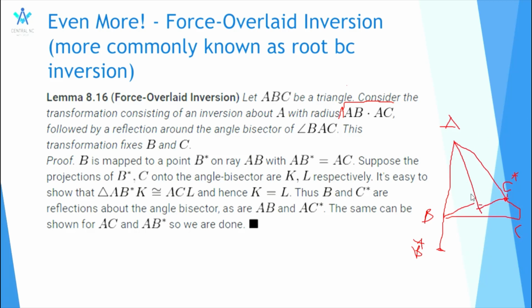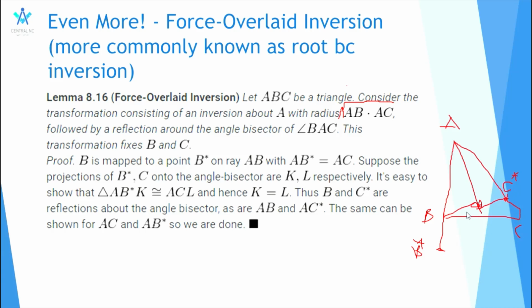Because these are right angles, we can easily find that these two are congruent triangles, right? So it turns out these feet are actually the same point, and also because of this, we see that this distance is equal to this distance. So reflecting C prime over the angle bisector goes to B. Similarly, B prime goes to C. So we see that B and C are fixed under that.